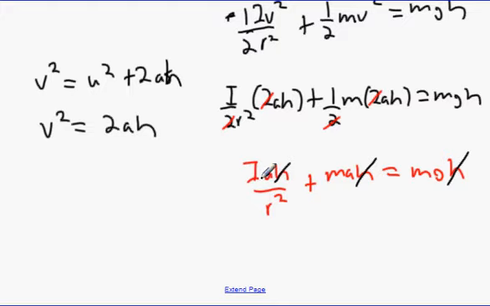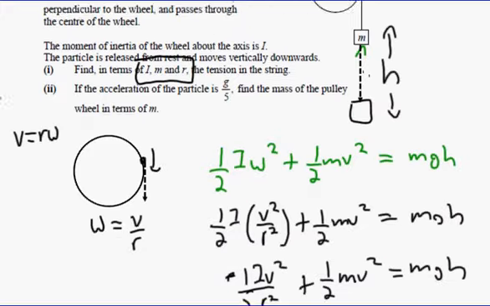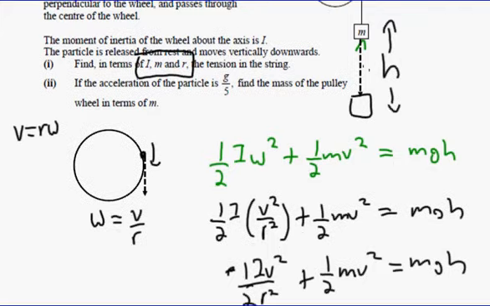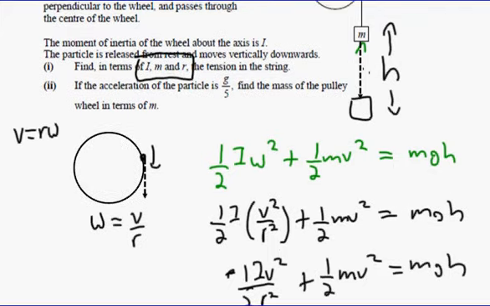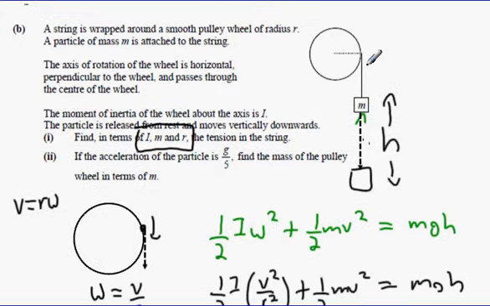Next thing we're asked to do is get the acceleration on its own. Before we begin, if we can just write down one thing: T equals, we're going to do the formula for the particle m. Tension going upwards, mg going downwards.